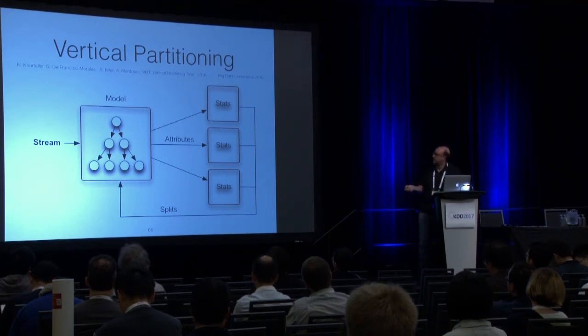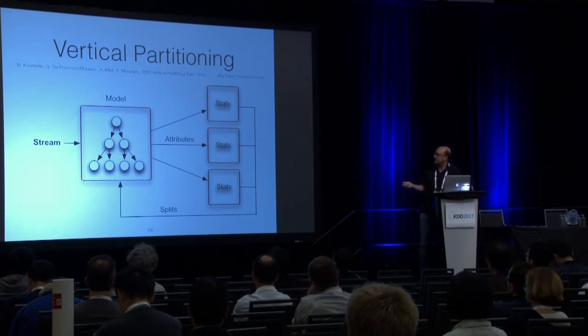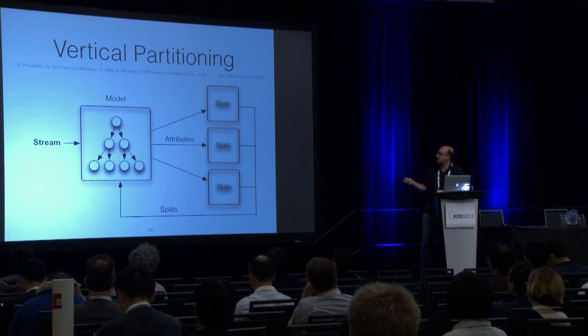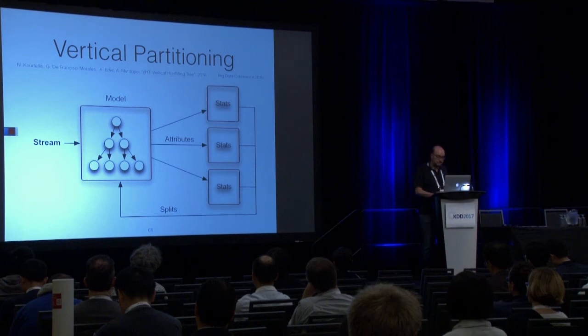What we do here is that we have our model, which is our decision tree. We have the stream that is arriving, and then we store the statistics distributed by attributes in different nodes. And we are going to use these statistics when we need to decide if we split or not.